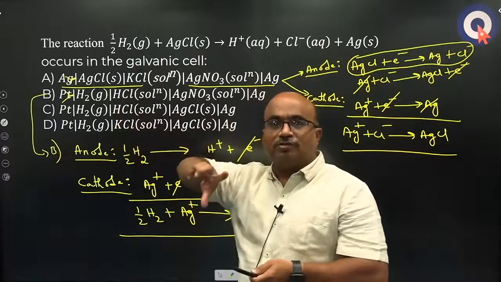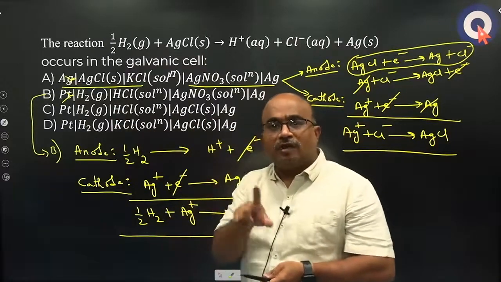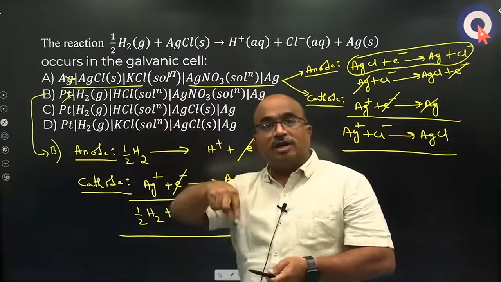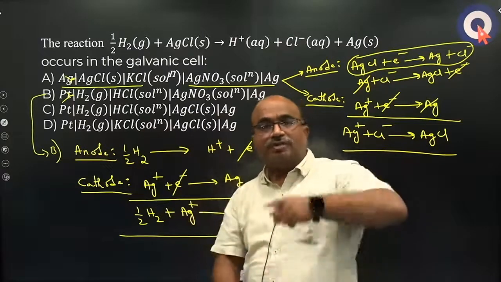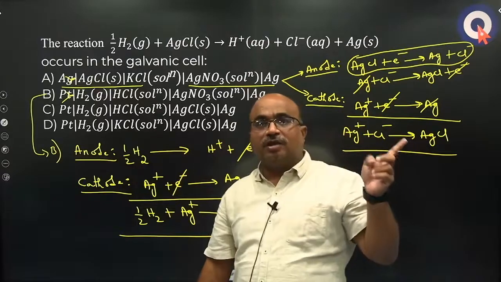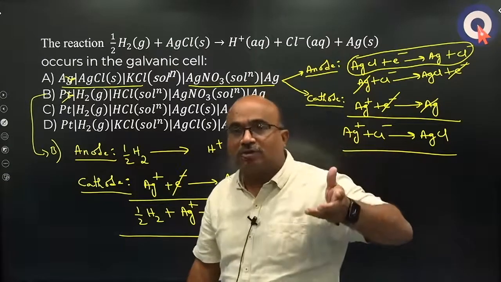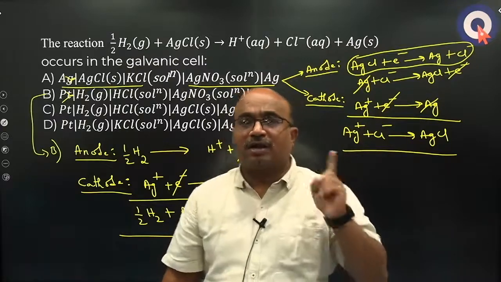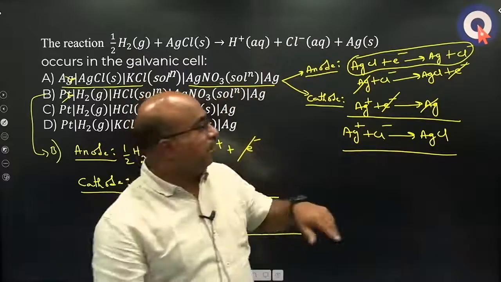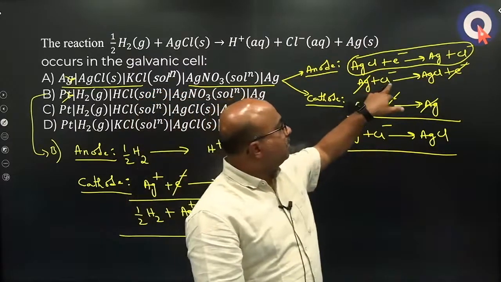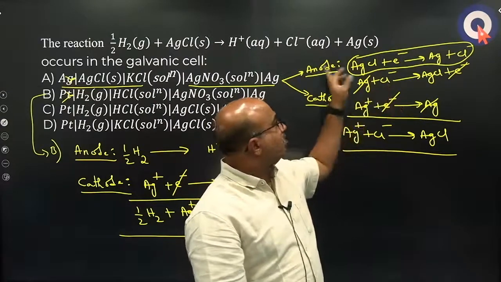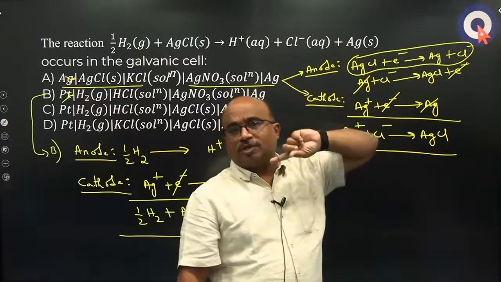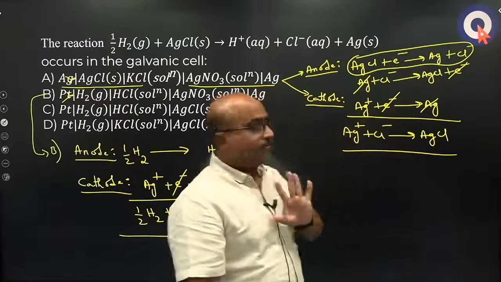So the H+ which is there in the solution is developing the potential difference at the anode, and the Cl minus is affecting the potential difference at the cathode. Because in the case of a sparingly soluble salt, the potential difference will be affected by the common ion concentration. That is, the Cl minus ion concentration affects the potential difference at this. Similarly here, Cl minus which is coming from HCl affects it.